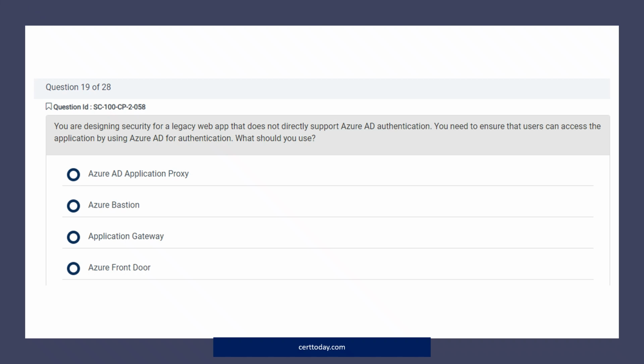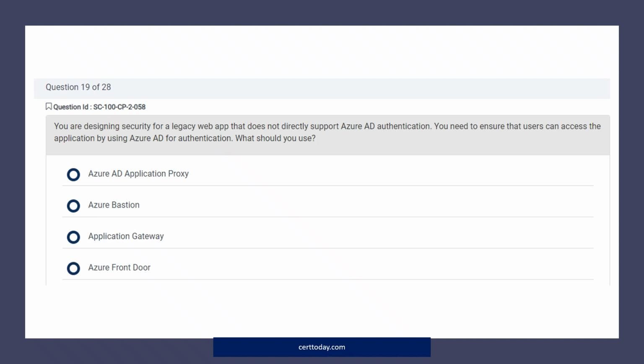Question 19. You are designing security for a legacy web app that does not directly support Azure AD authentication. You need to ensure that users can access the application by using Azure AD for authentication. What should you use? A. Azure AD application proxy. B. Azure Bastion.